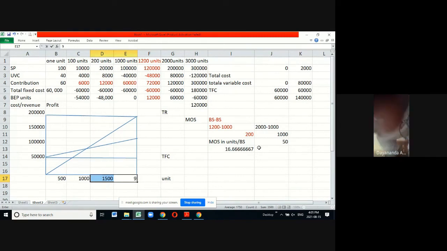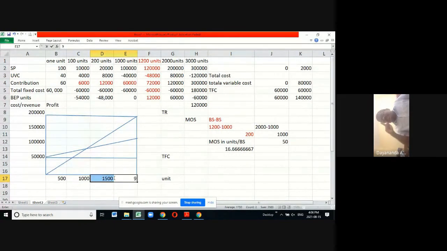Margin of safety measures the sensitivity of your operation. Here, you know budgeted sales. We expect so much of sales, 1200. If your budgeted sales figure drops by 16%, what happens to the business? You reach the break-even. That is the meaning.